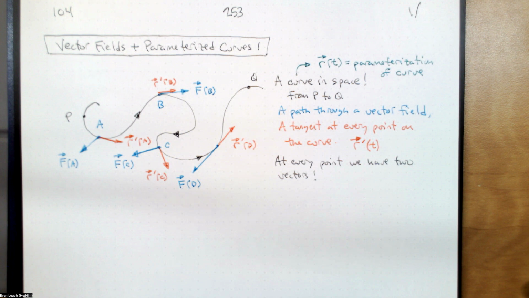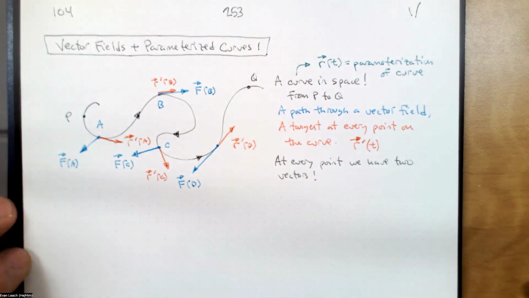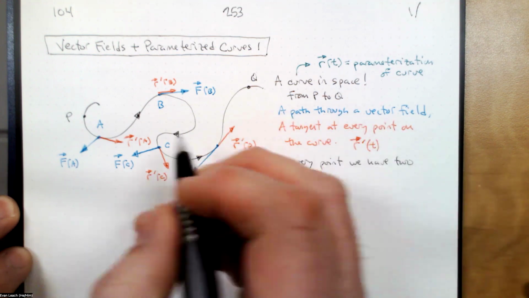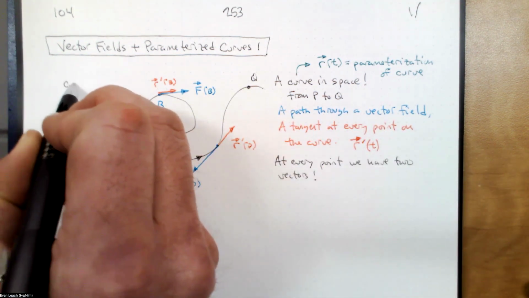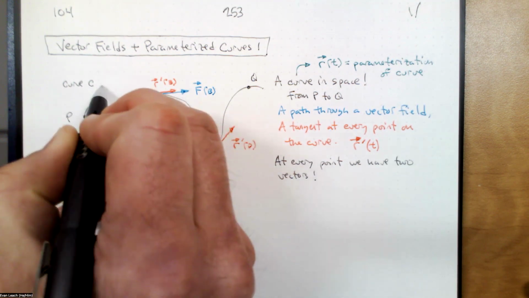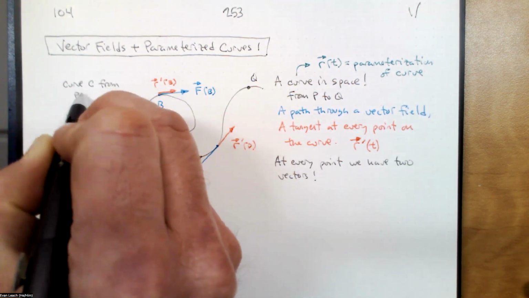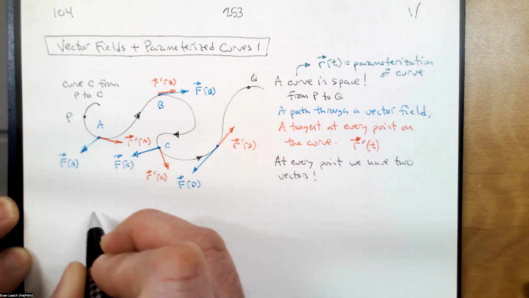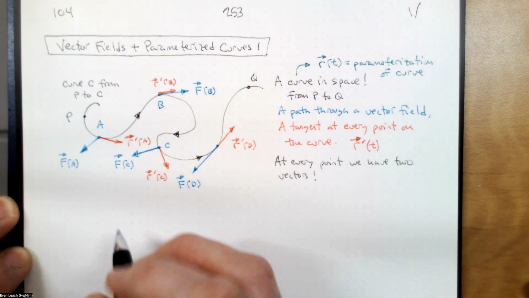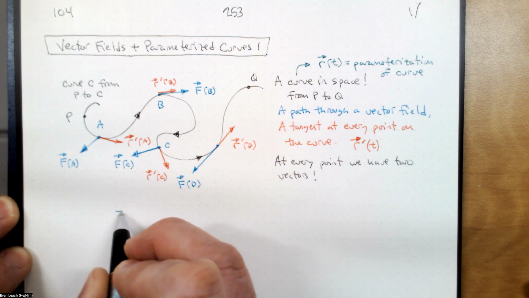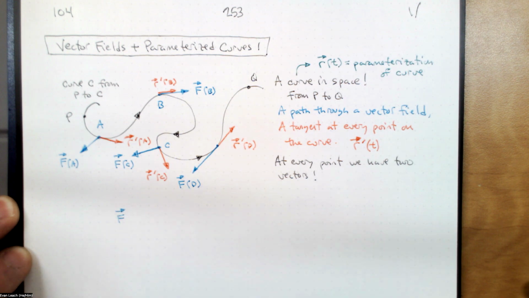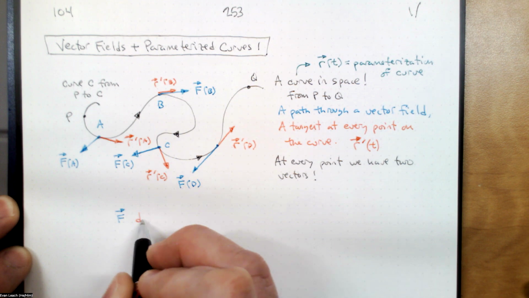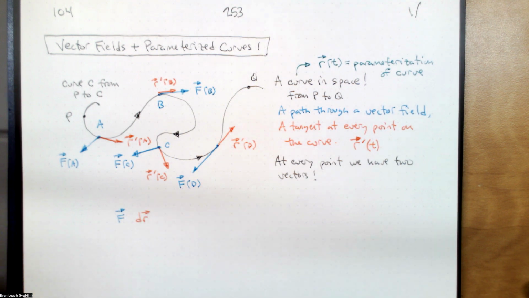Now, this is not in great detail, and this is only one of the ways that we're going to come up with vectors. This is just the path version. But what we're going to want to do is, let's say the curve is C from P to Q. We're going to want to take the vector field and the direction of the path.